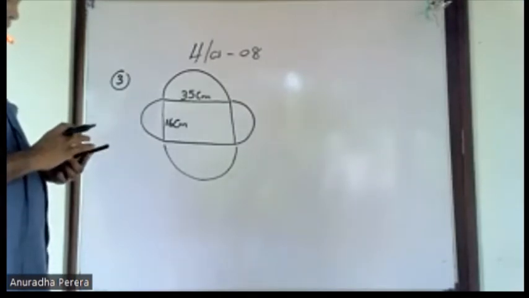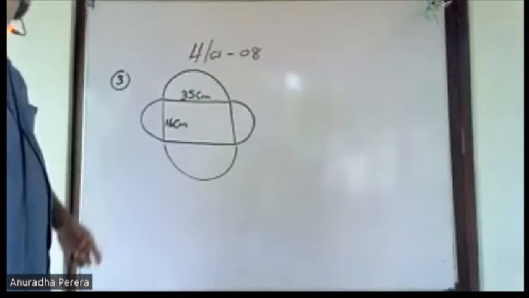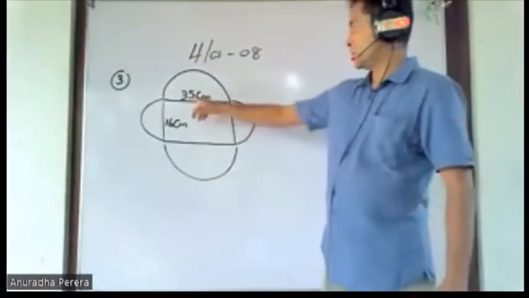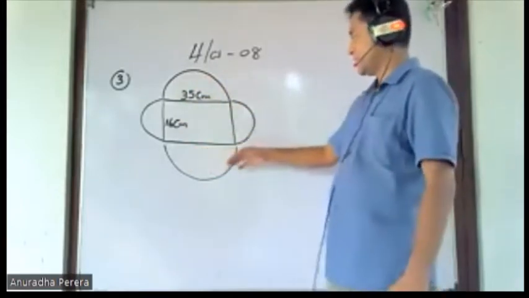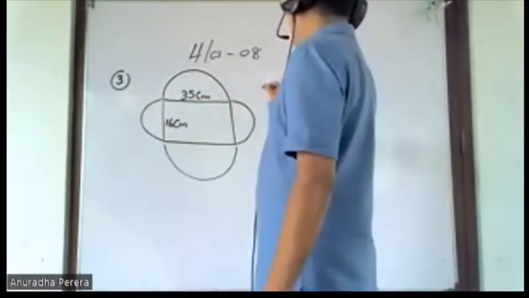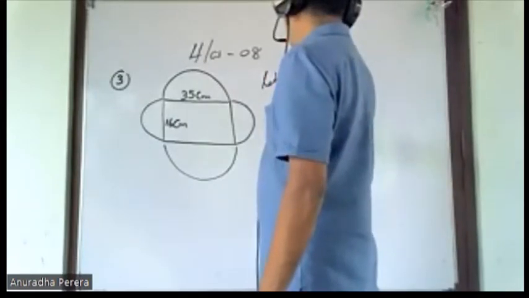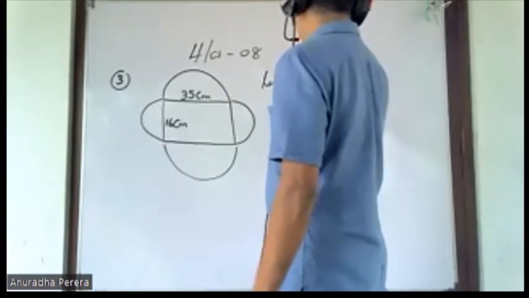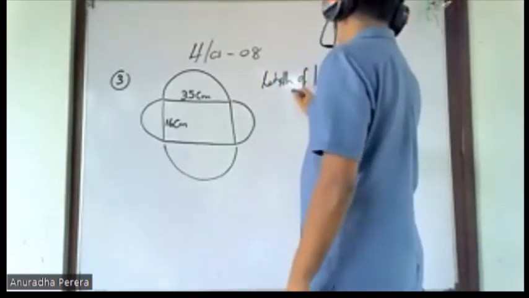Find the perimeter of the flower bed. We can see two semicircles, a large semicircle and a small semicircle. And you can find the length of the large semicircle.